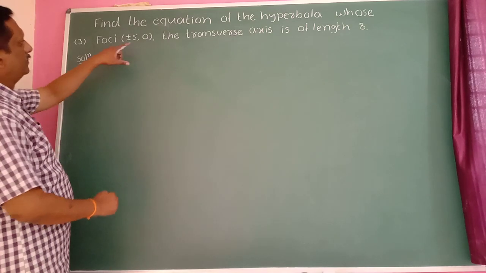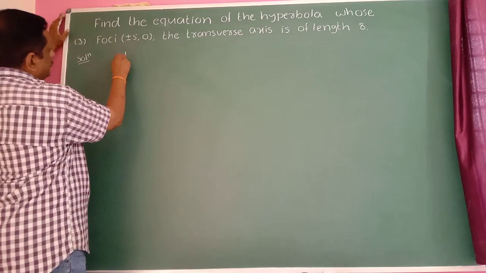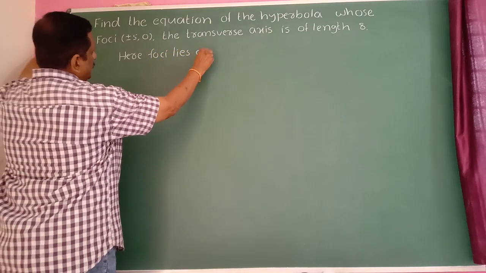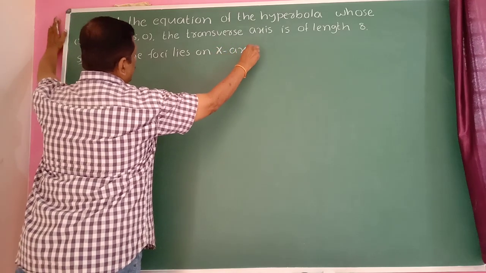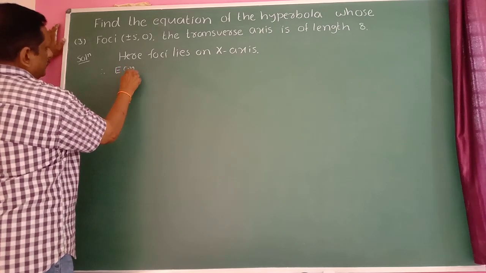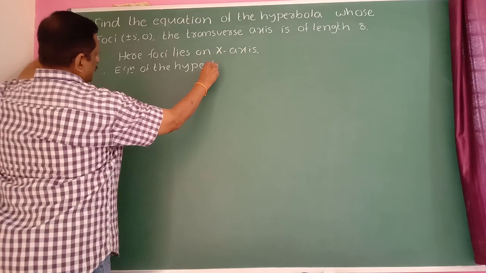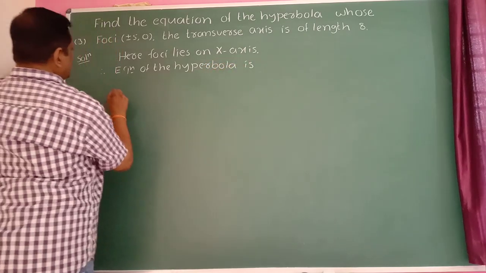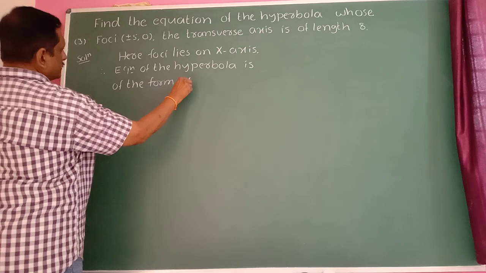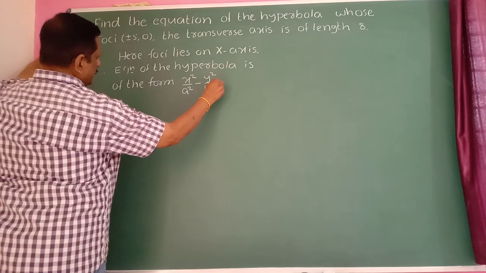Again the y-coordinate is 0, so the points lie on the x-axis. The foci lie on the x-axis, therefore the equation of the hyperbola is of the form x²/a² − y²/b² = 1.